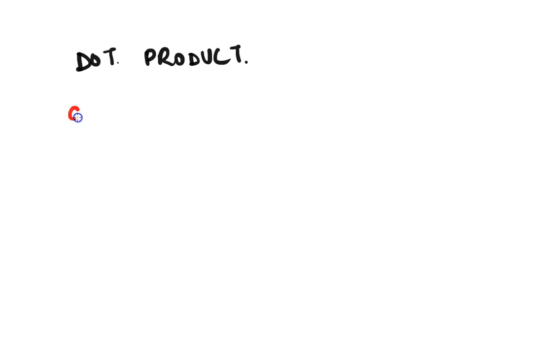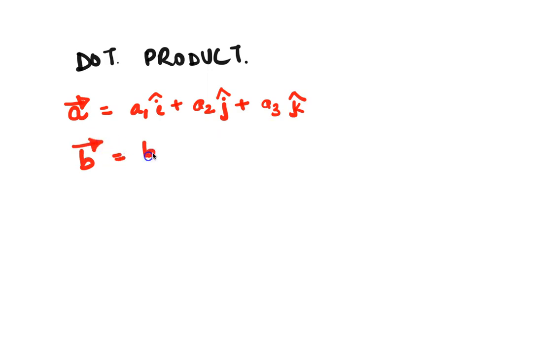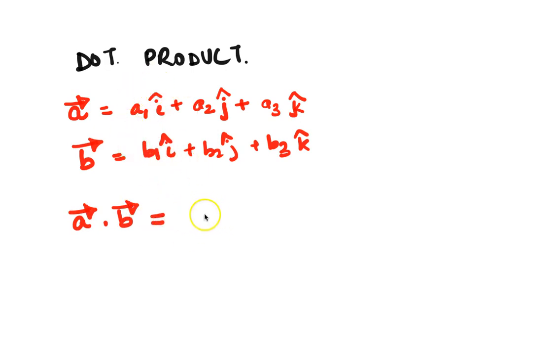If you have a vector A, and let's talk about three-dimensional space, given by A1 i cap plus A2 j cap plus A3 k cap, and a vector B with B1 i cap plus B2 j cap plus B3 k cap, then the dot product between A and B is given by A1 B1 plus A2 B2 plus A3 B3.